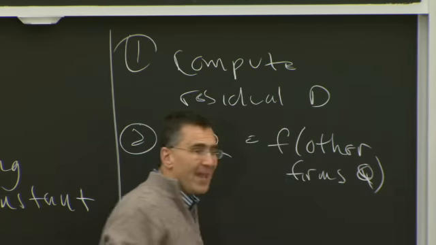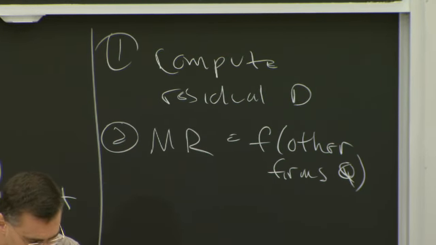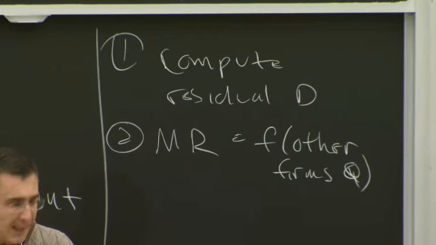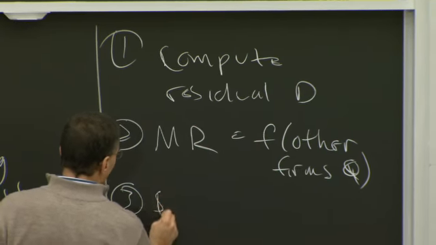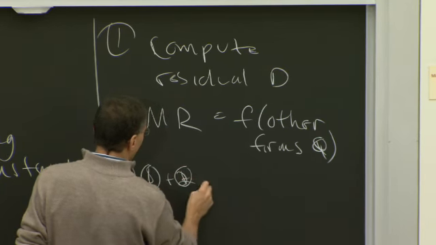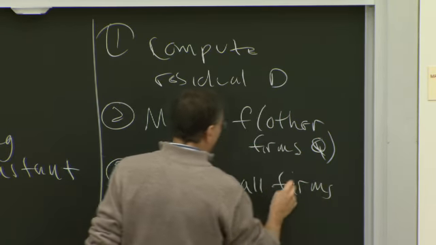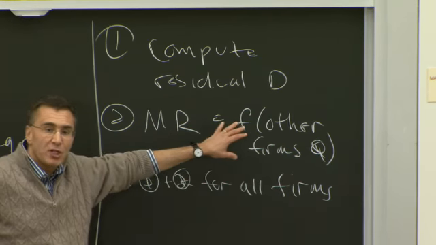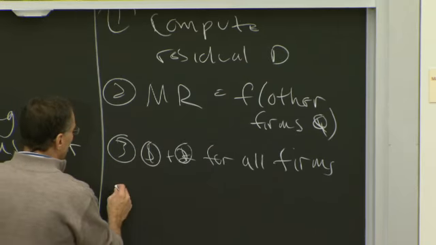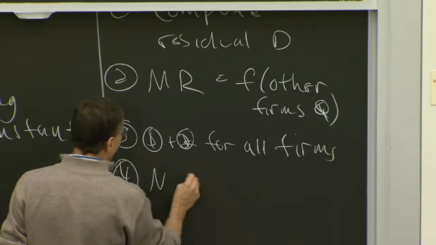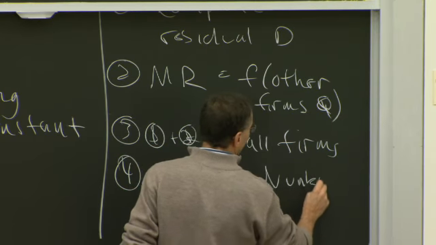You then do steps 1 and 2 for all firms. So for each firm, you end up with a marginal revenue function that is a function of all of the firms' quantities. And then step 4: you have n equations in n unknowns, and you solve.